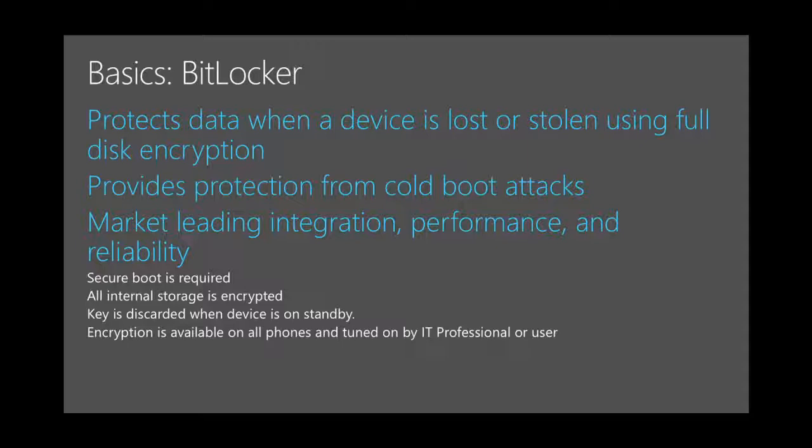But BitLocker is always there. We will suspend the encryption keys when the device is in sleep mode, so that hardware attacks, etc., are less of a concern. And we encrypt everything. It's MDM managed, but it's generic encryption of the device.